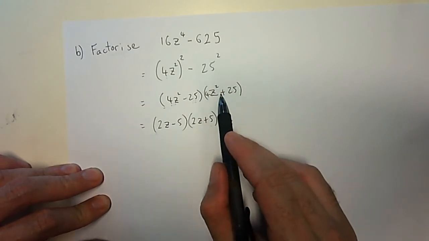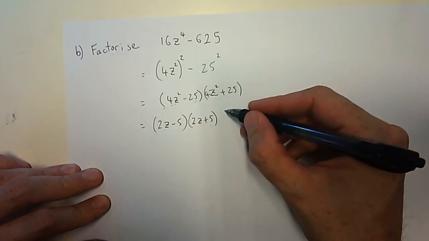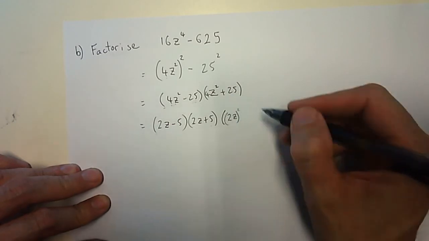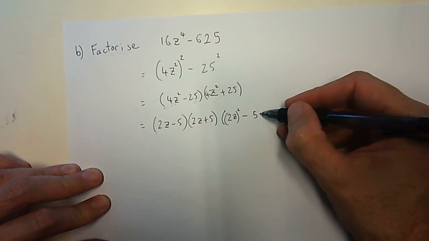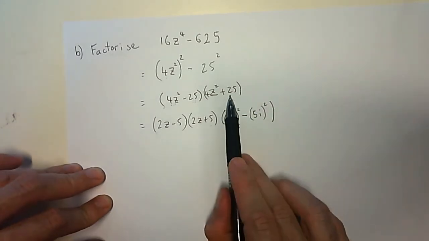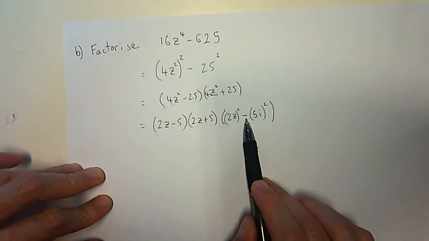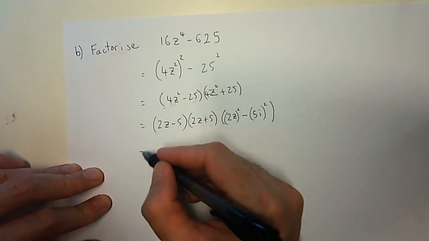Again, I've got that same idea where I've got a plus. I'll go slow to start off with. Use the idea that if I was to take away (5i) squared, that's the same as 25, because i squared gives me negative 1, then the negative in negative gives us a positive, and 5 squared gives us 25. Now I haven't finished with this.